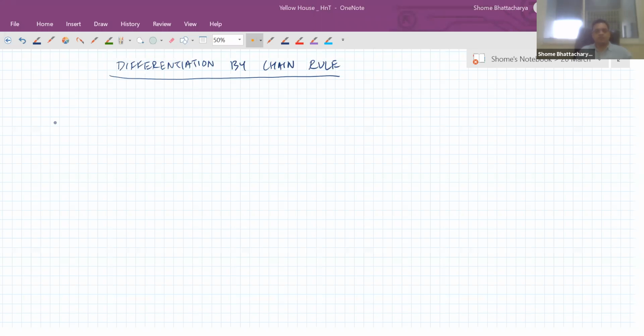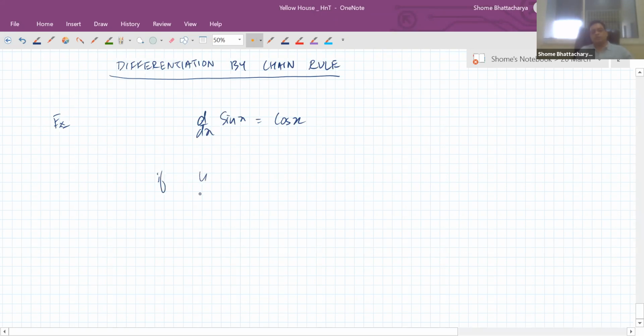Okay, so for example, I know that differentiation of sin x is cos x. But if I have y is equal to sine of 3x, then how will I find out dy by dx? So I'll have to use chain rule. So what I'll do is I'll substitute 3x as some new variable. So accordingly, y will become sine z.